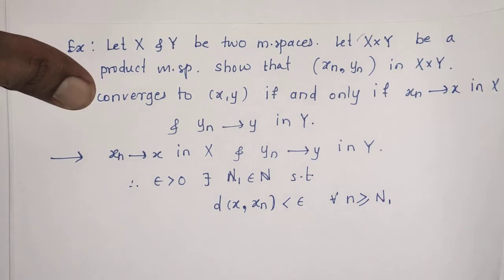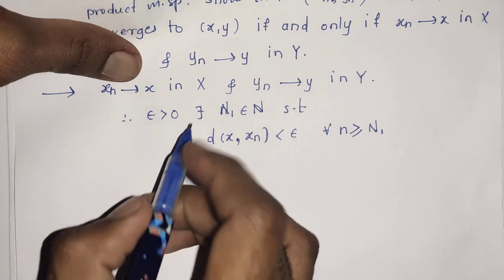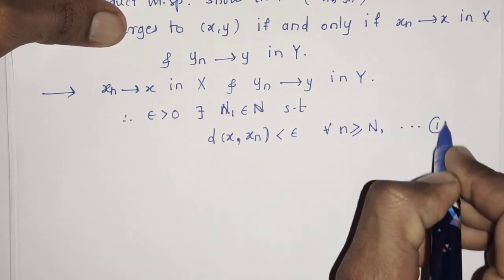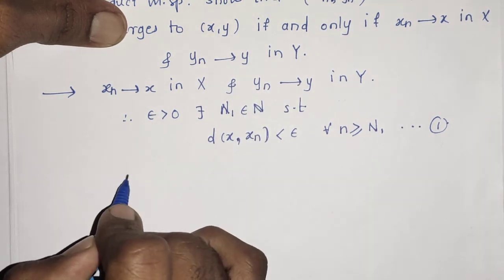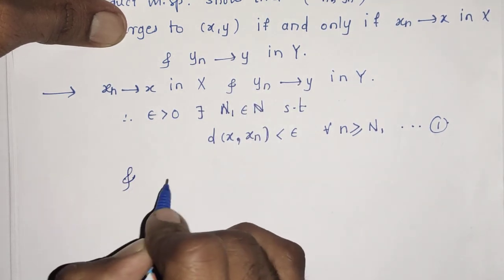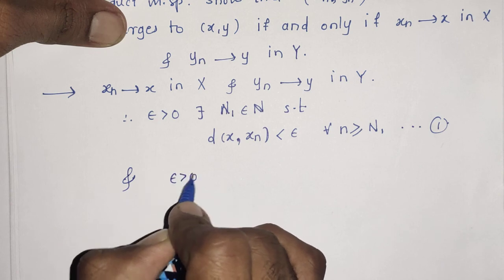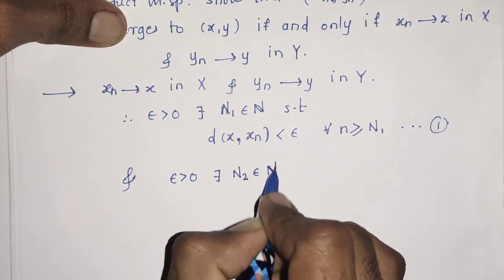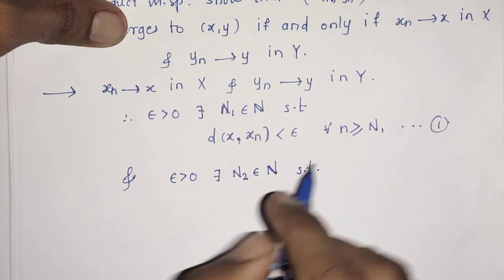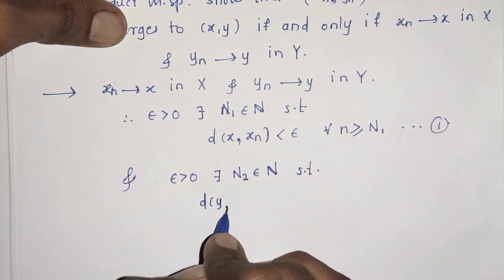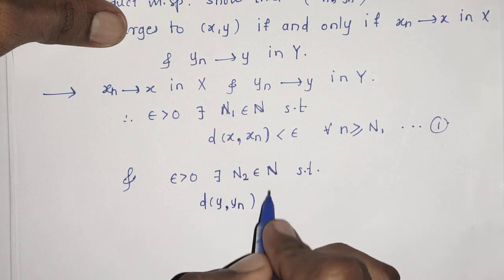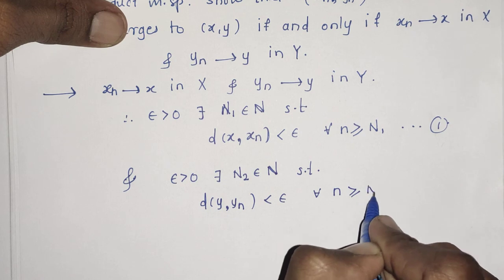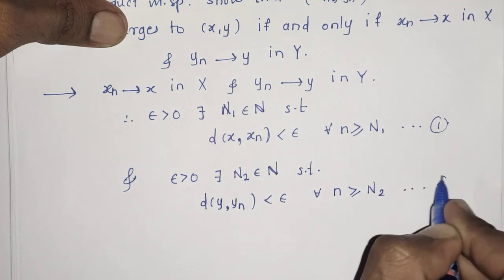Suppose this is equation 1. Similarly, yn converges to y, so for epsilon positive there exists N2 belonging to the natural numbers such that the distance between y and yn is less than epsilon for all n greater than or equal to N2. Suppose this is equation 2.